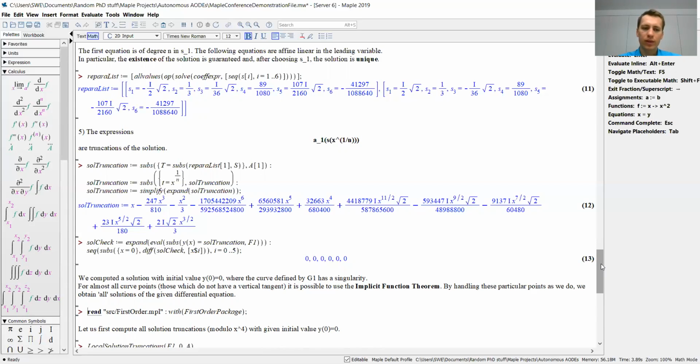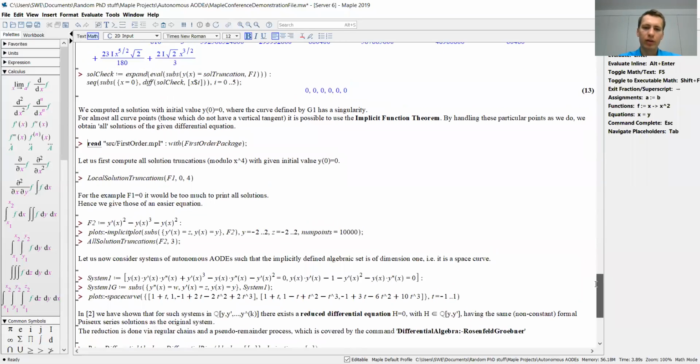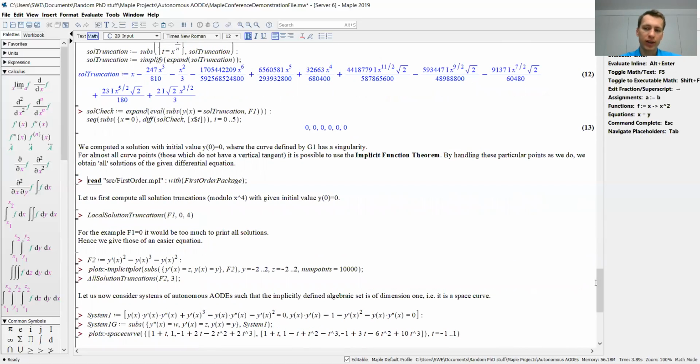Also, we have shown that all the solutions are convergent. So this is often very useful in practice, because we can compute more and more terms, and there won't be any new behavior of the solution.